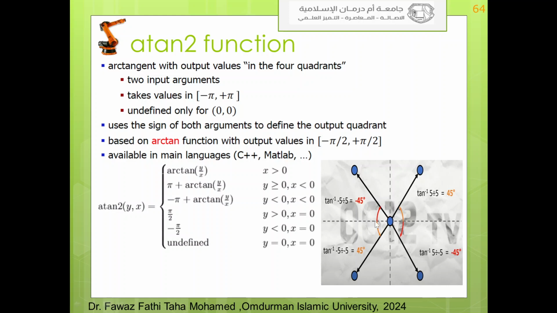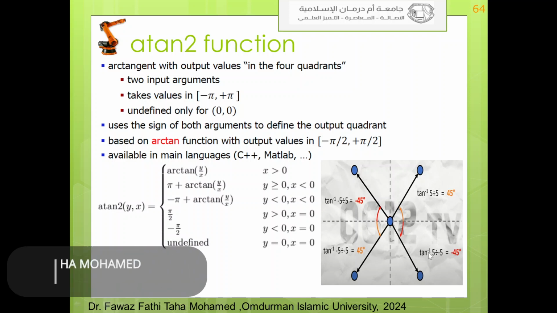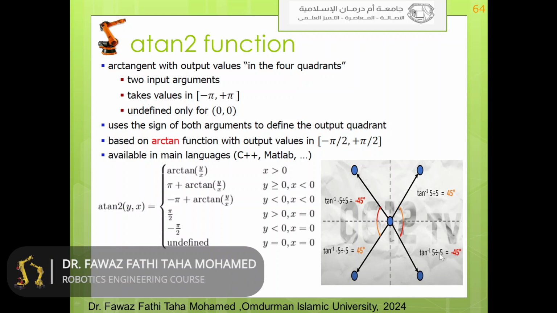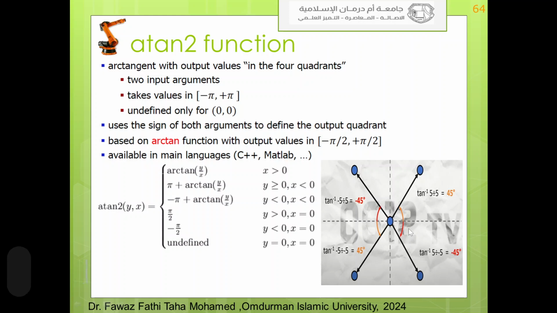Okay, similarly for this case, x is greater than 0 but y is less than 0, y is negative. Sorry, for this case x is negative and y is negative. The output of tan inverse is 45, but this 45 is in the third quarter.